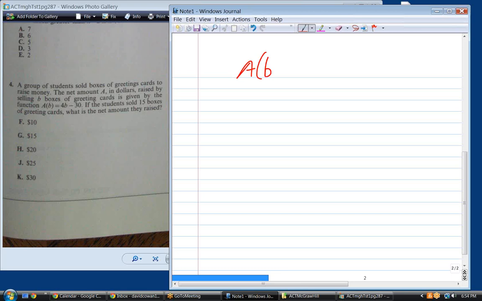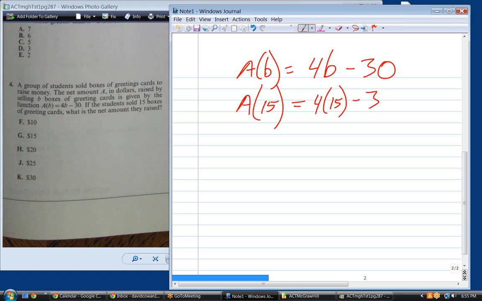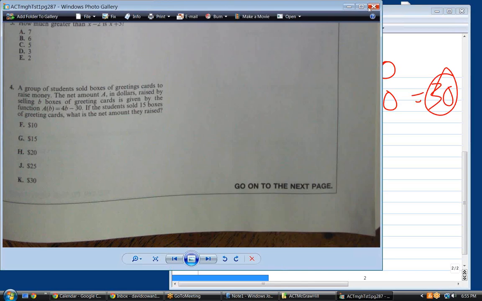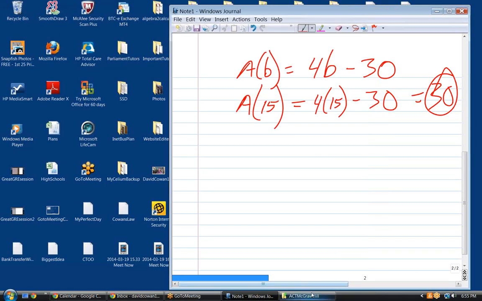So you just plug 15 in for B, so it'd be 4 times 15 minus 30. Right. And that, incidentally, is the same as this. Okay, let's go to the next page.